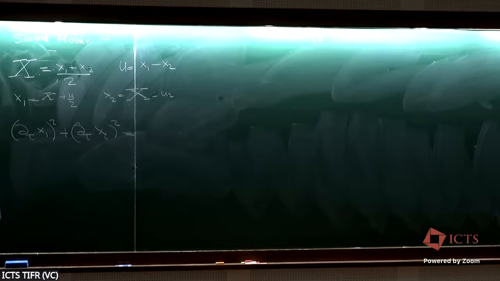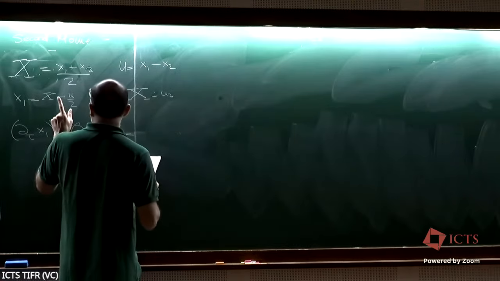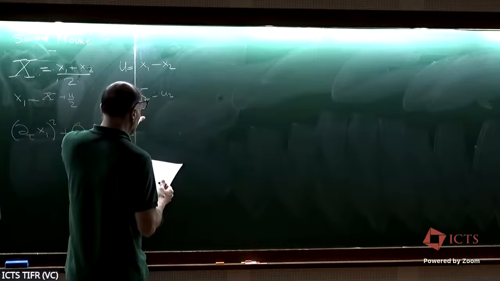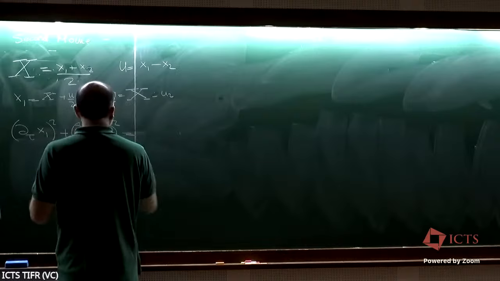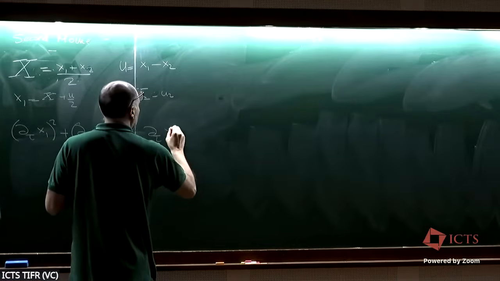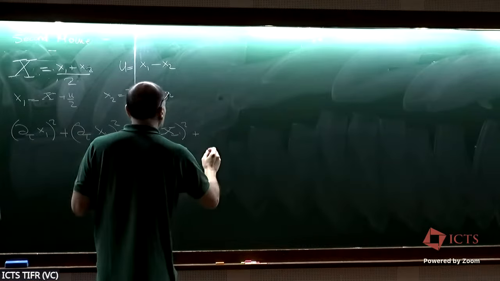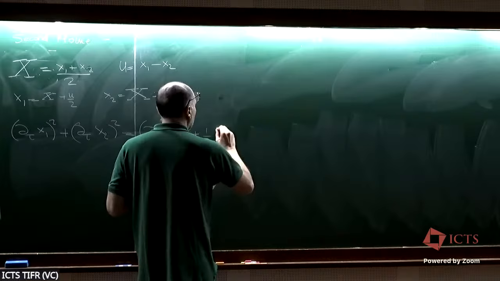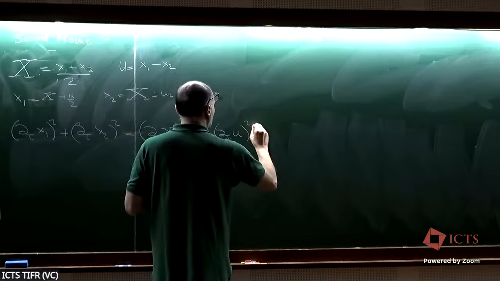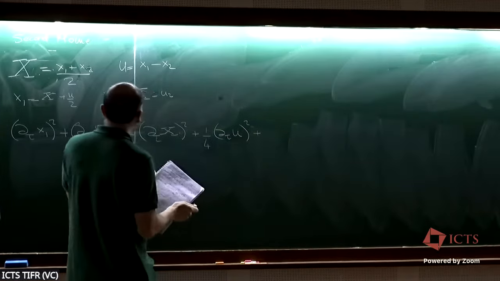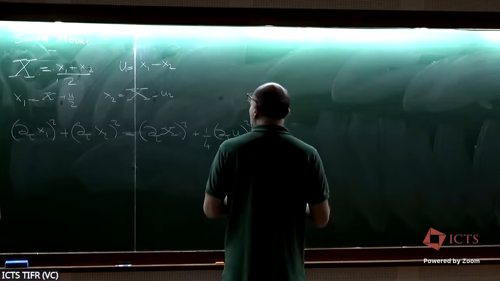So if you replace this, you will have this plus this. So, okay, let's do it. So you have the square of this, the square of the other, then you have the double product, but here you have a double product with the plus, and here you have the double product with the minus, so then there is no double product.